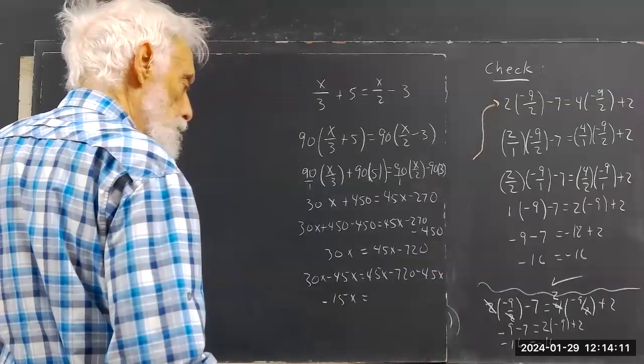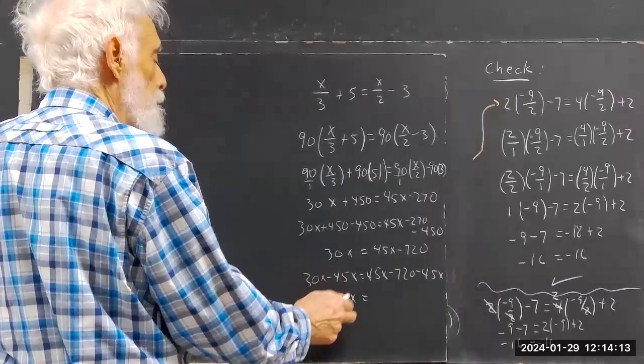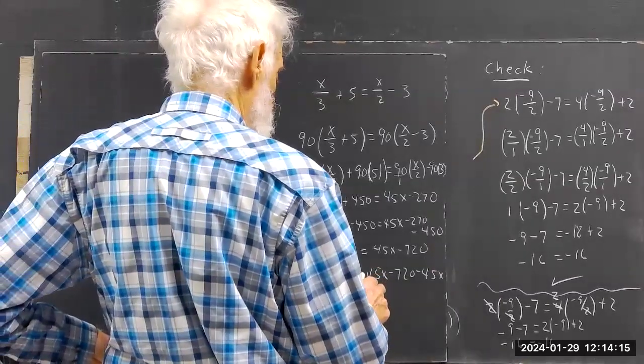So subtracting 45x from both sides, 30x minus 45x is negative 15x.